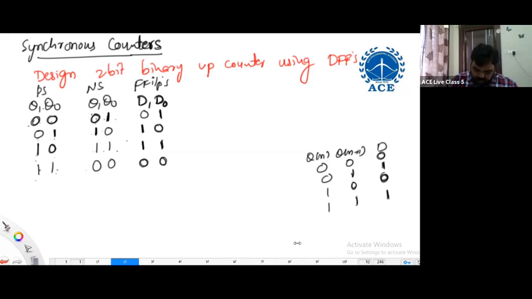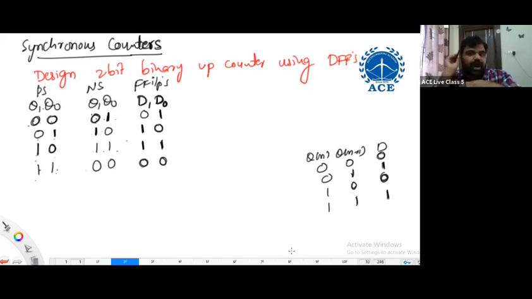Many have been saying the present state, and let me say the reason also. Yes, the present state is correct. The next state we are going to see after the clock edge occurrence, but I need to provide inputs before the occurrence of the clock edge itself.